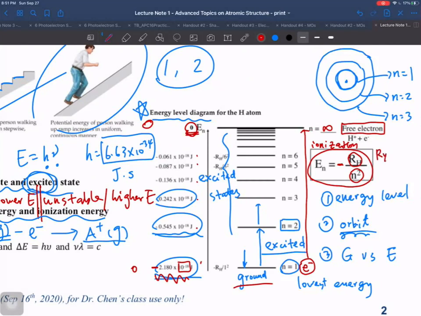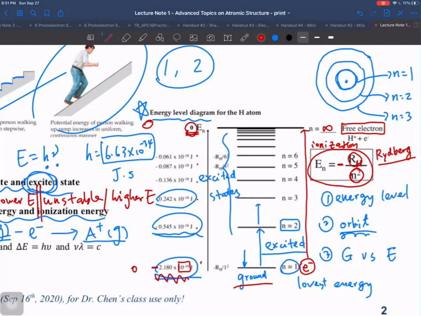What is the full name? Rydberg. Obviously it is the name of a scientist, and it doesn't matter. And the subscript H means this constant is for the hydrogen atom. If it's not a hydrogen atom, maybe it's different. Okay. And then the n here is the positive integer 1, 2, 3, 4.